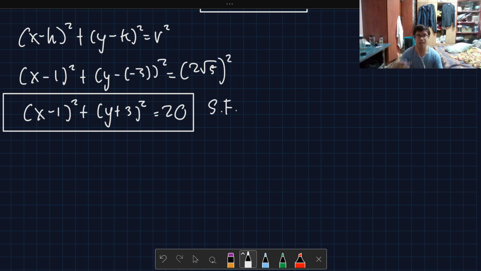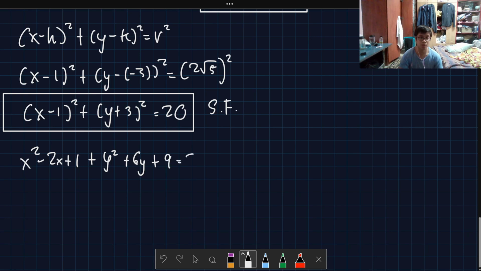I'm not going to explain how, because I already taught you multiple times how to expand. So the expansion of these two squared binomials is x squared minus 2x plus 1, plus the expansion of y plus 3 squared, which gives y squared plus 6y plus 9, is equal to 20. That's it. So everything is expanded, no more parentheses.